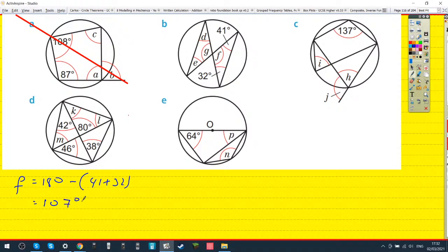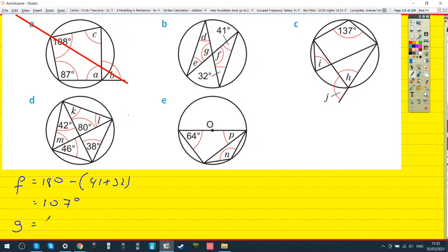So how do I find out G now? G is vertically opposite F. So is G 253 degrees? No. Vertically opposite angles are equal. Oh. So G is 107 degrees.